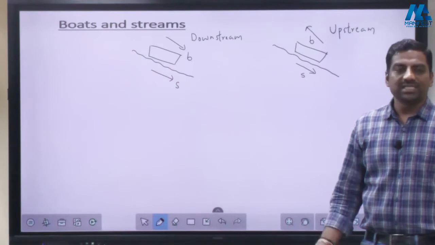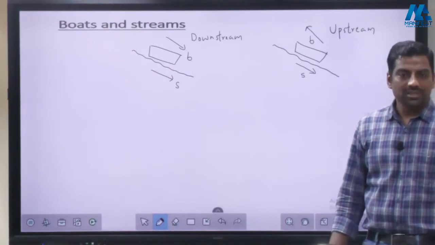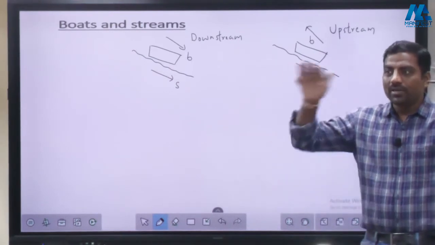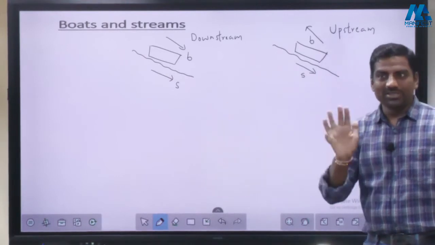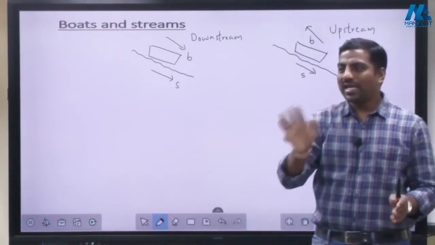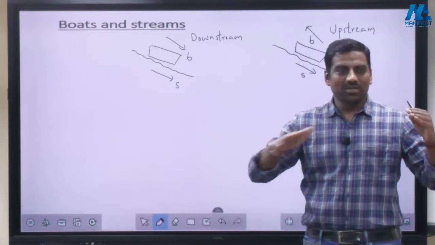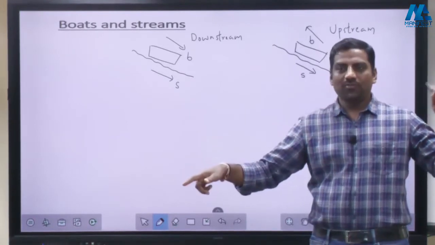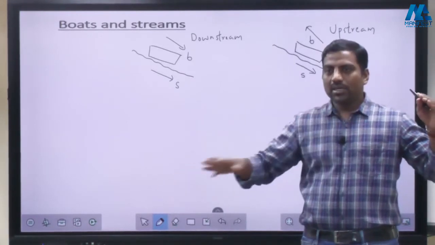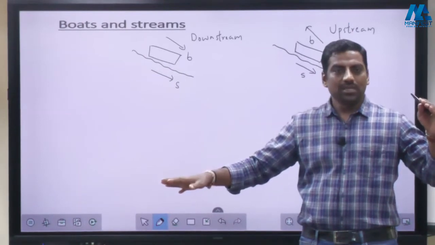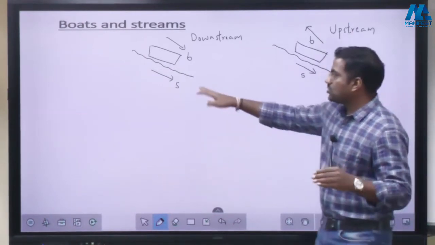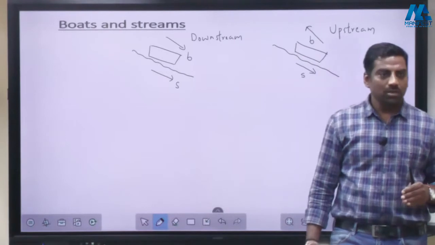Which destination doesn't matter, but it will take it along. Don't think there will be big boulders where it will get stuck. Take the ideal case: no obstruction from the origin to the drain, like the water is flowing without any disturbance. So definitely the speed of the stream will help the speed of the boat.